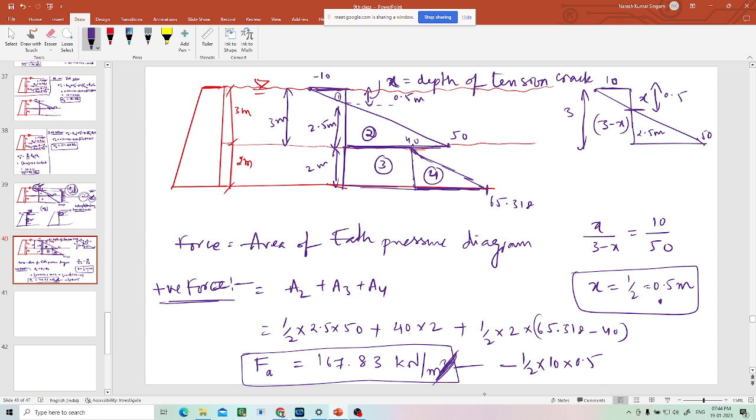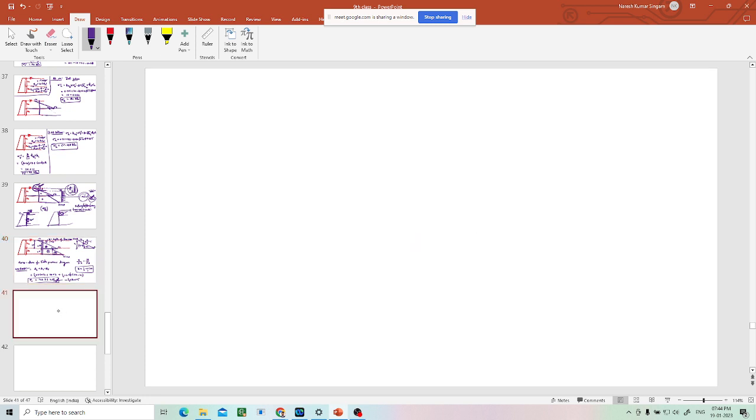Now I told you another method to calculate the depth of the tension crack.